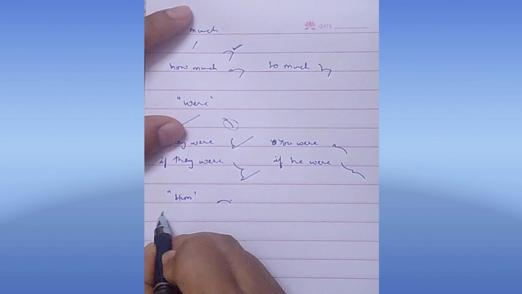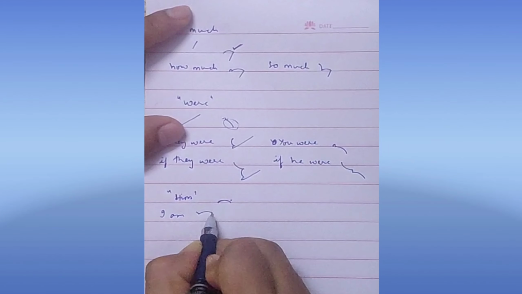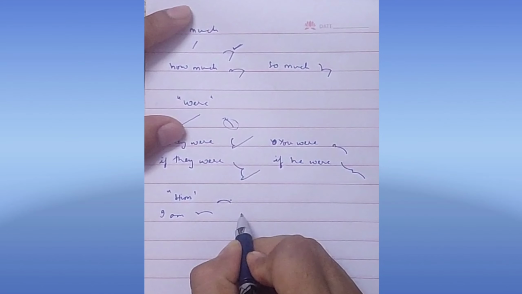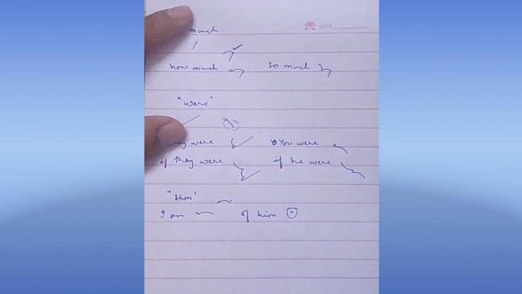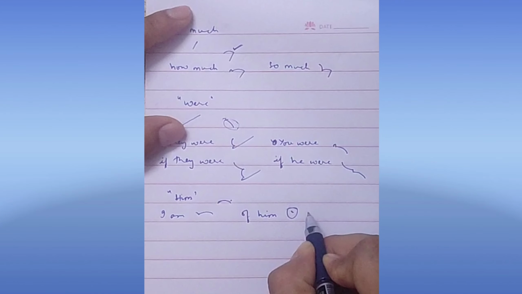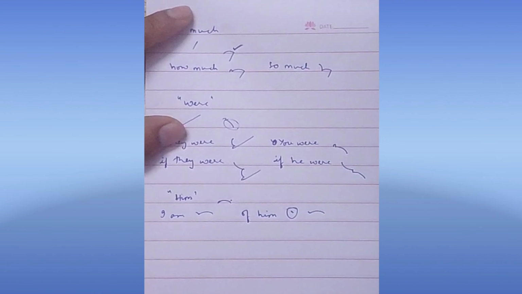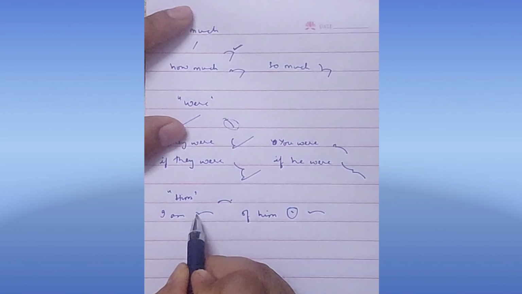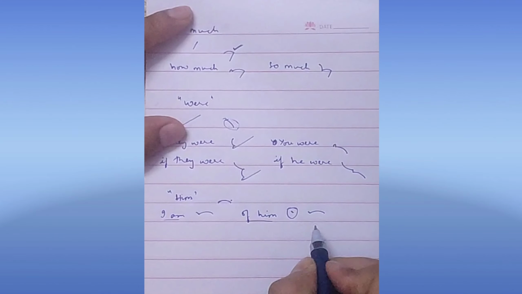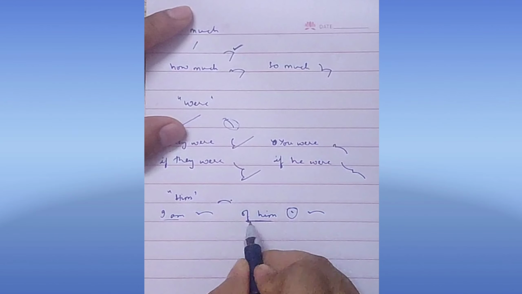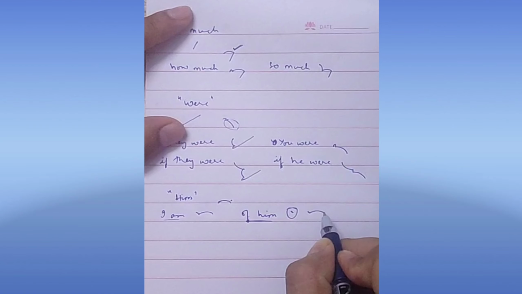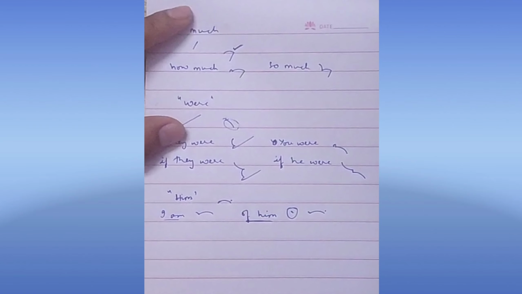So we can write "I am" like this. If we are to write "of him", "of" is this, so in order to write "of him", we can write like this. But there's a confusion here between "I am" and "of him". So to differentiate "of him" from "I am", we should put a dot here.